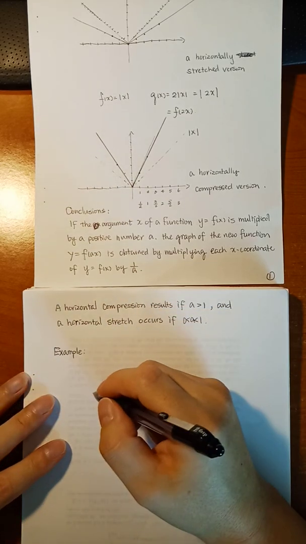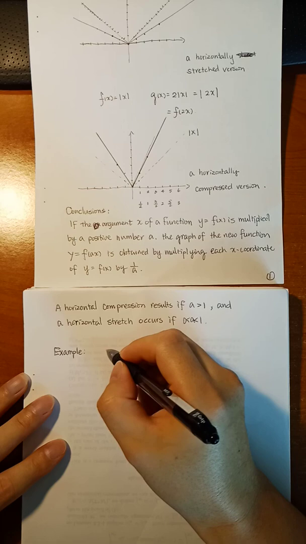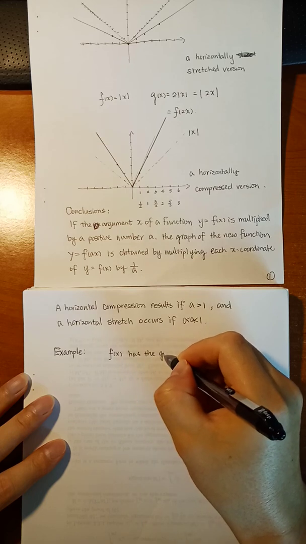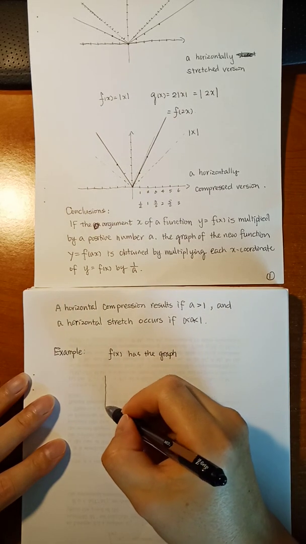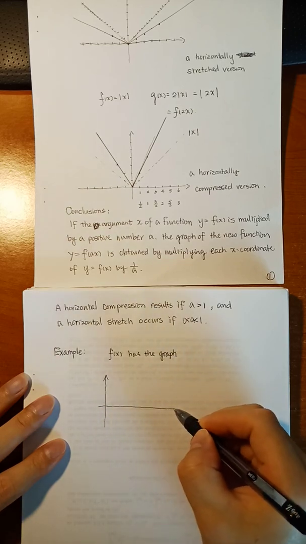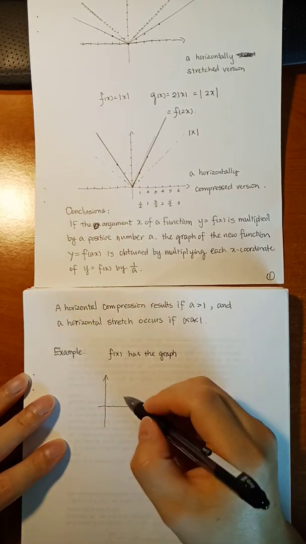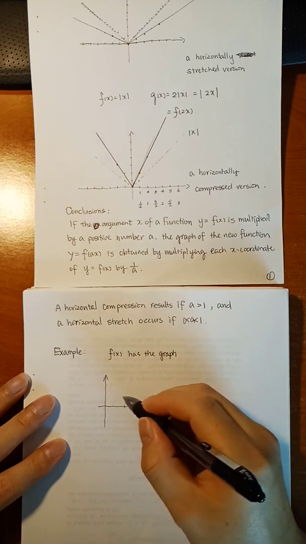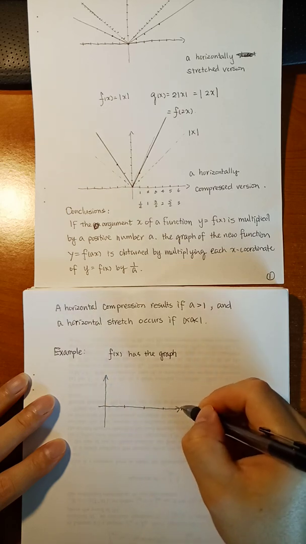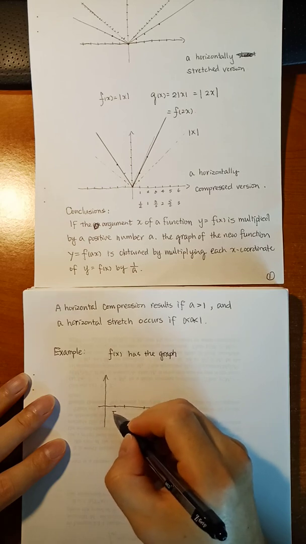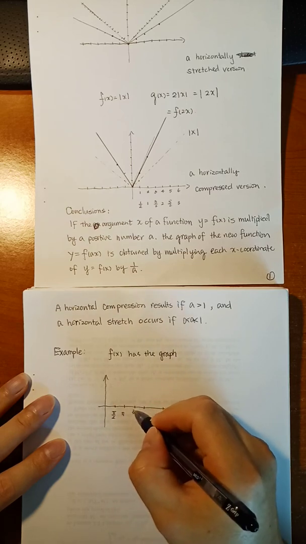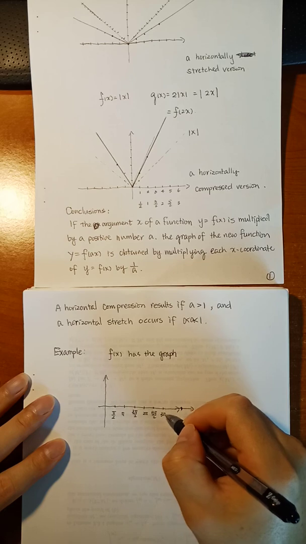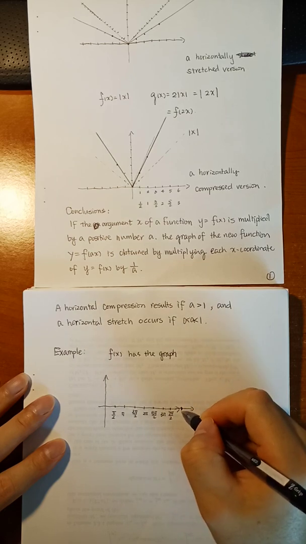Okay, now let's see the example. So we have the graph. This graph, f(x), has a graph. It's pi over 2, pi, 3 pi over 2, 2 pi, 5 pi over 2, 3 pi, 7 pi over 2, 4 pi.